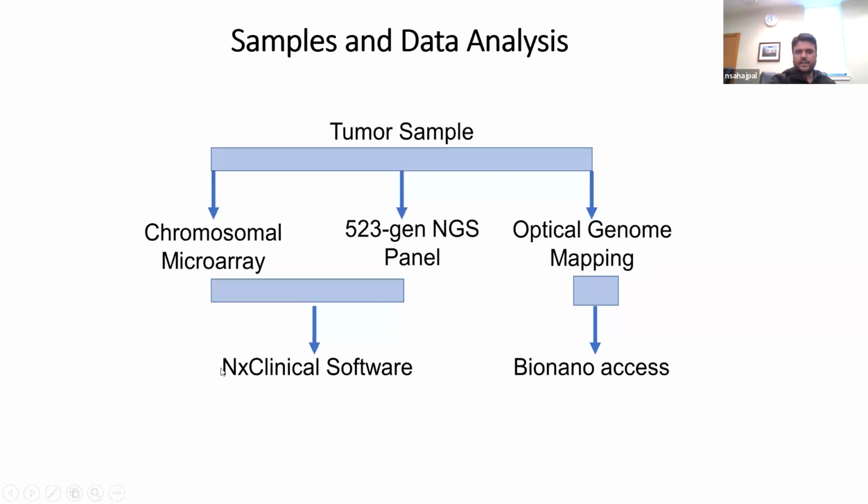So what we did is we looked at certain tumor samples with all these 3 technologies: chromosomal microarray, a 500 gene panel which can do copy number variant calculation, and optical genome mapping.